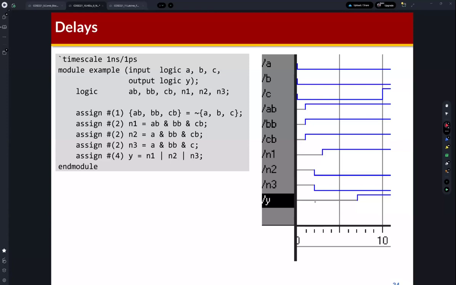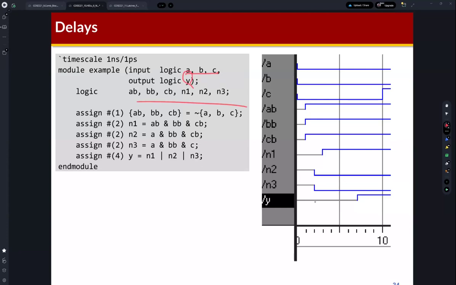You can find multiple assign statements here. In this example, there are 3 input ports and 1 output port, and also several internal nodes.